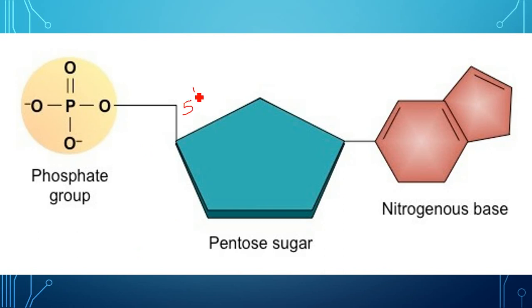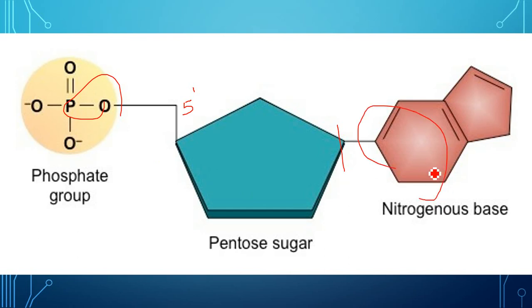Here is how a nucleotide is formed. The fifth carbon or the 5' position of the sugar molecule binds with the phosphate molecule with a phosphoester bond to form a nucleotide.